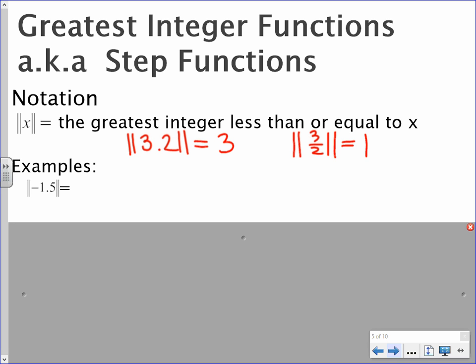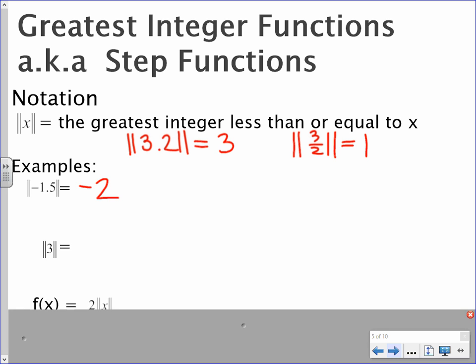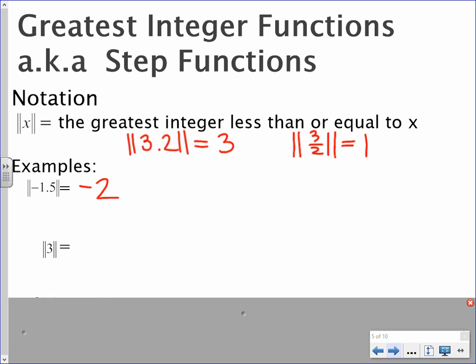And we want to round down to an integer less than or equal to what we have. So what's the integer less than negative 1.5? Negative 2. So with those negatives, we're going to have to think a little bit, right? What's the greatest integer of 3? 3.